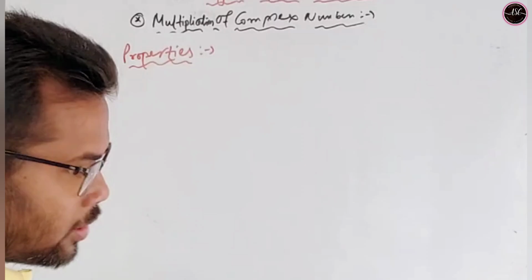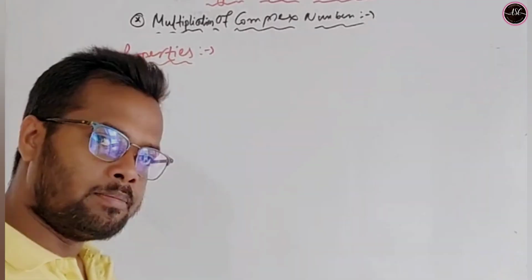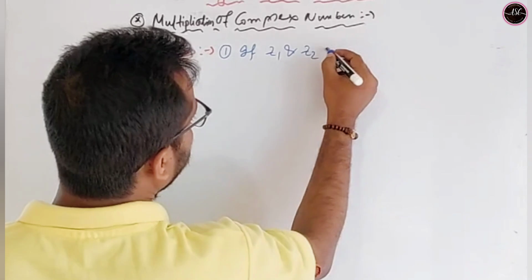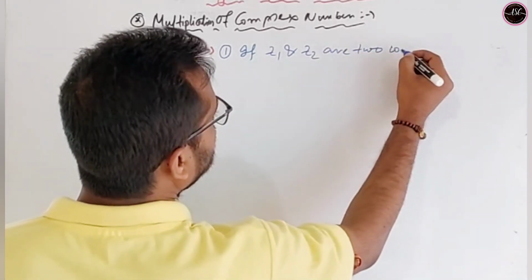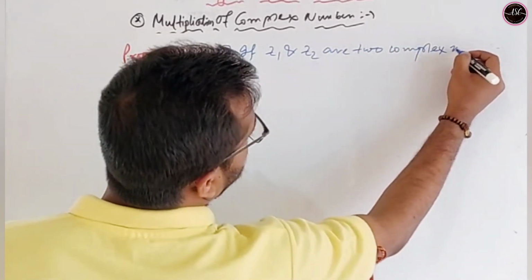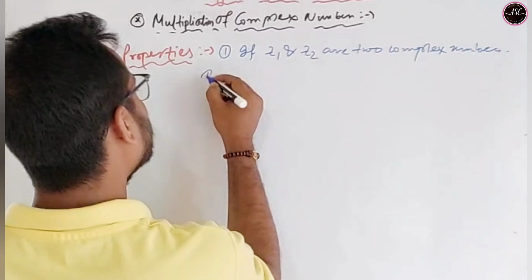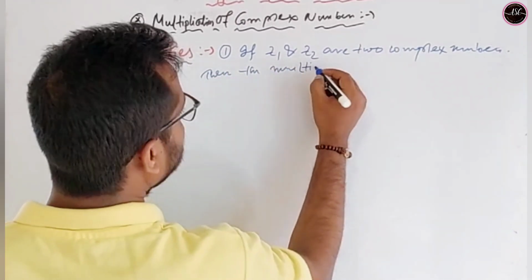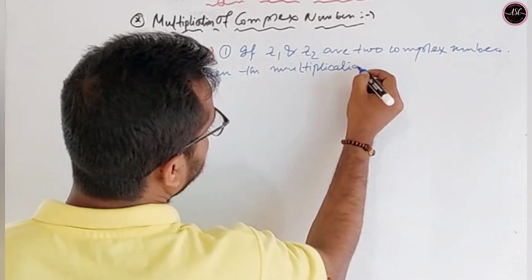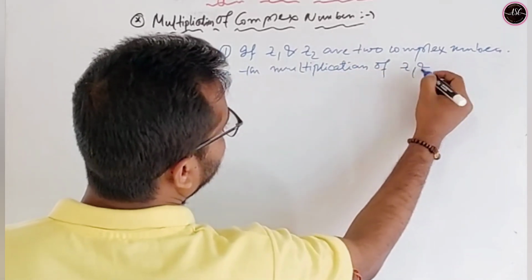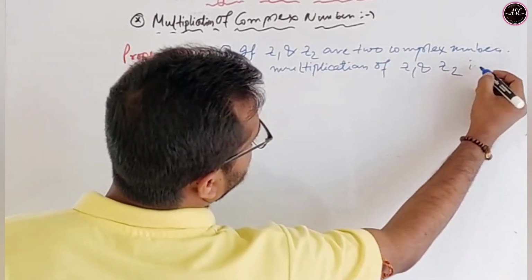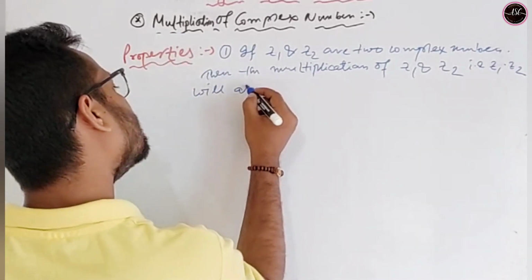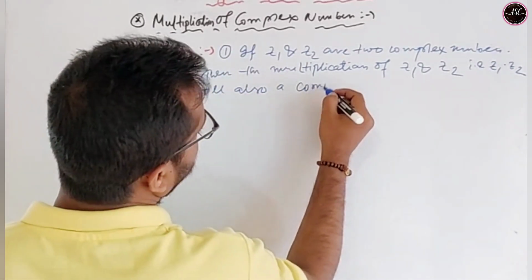There are also some properties of multiplication of complex numbers. First, if Z1 and Z2 are two complex numbers, then the multiplication of Z1 and Z2, that is Z1 dot Z2, will also be a complex number.